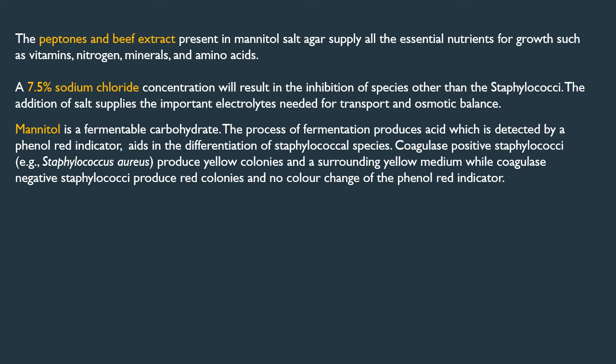Then there is, as the name says, high salt concentration. There is sodium chloride at around 7.5% concentration. It will result in the inhibition of species other than Staphylococci, so only the Staphylococci will grow. It will support the growth of Staphylococci. The addition of salt supplies the important electrolytes needed for transport and osmotic balance.